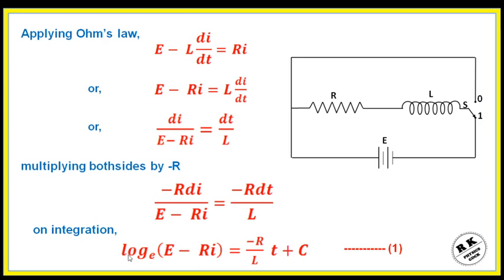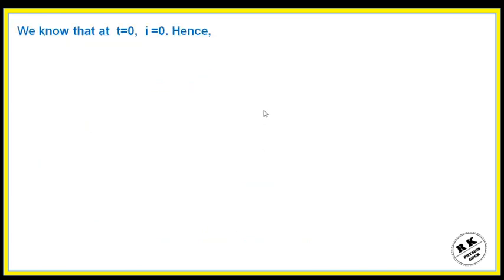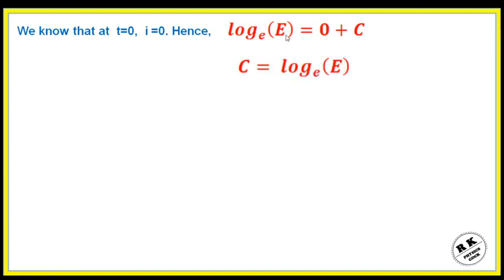So log of E is equal to minus R by L times t, where t becomes 0, so plus 0 plus C. Let us write this equation. After substituting the boundary condition, we will get the equation as this. From this, C can be written as log of E.